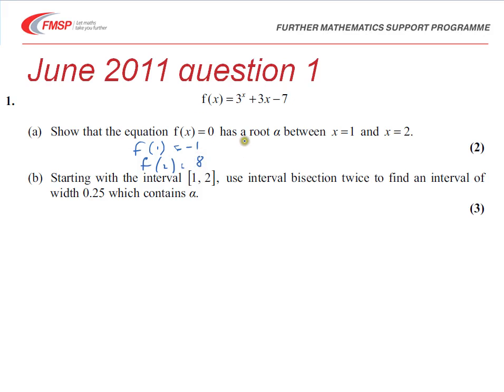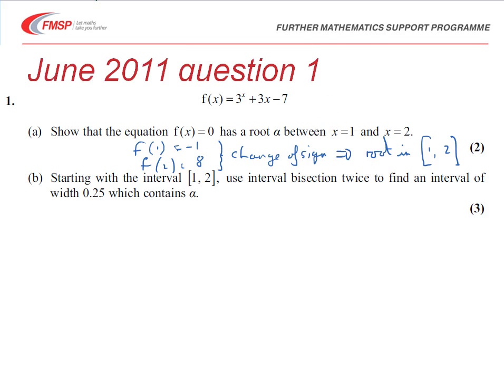And then a change of sign, so you note that here there's a change of sign implies the root is in the interval 1, 2. So that's sufficient. But you need both of those statements there. The change of sign implies the root must be in there, to get the A mark here.